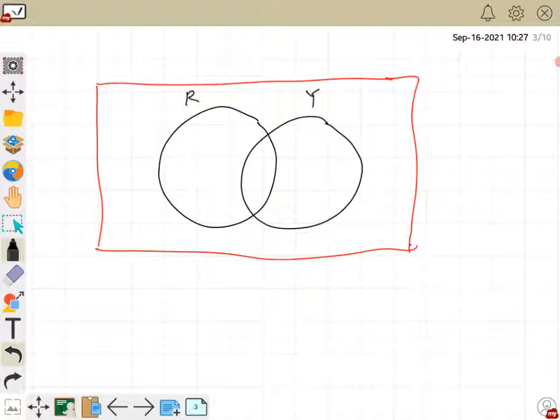We know that 6 students chose both, the red only is 25 students and the yellow only is 19 students. So this is our universal set, the U.